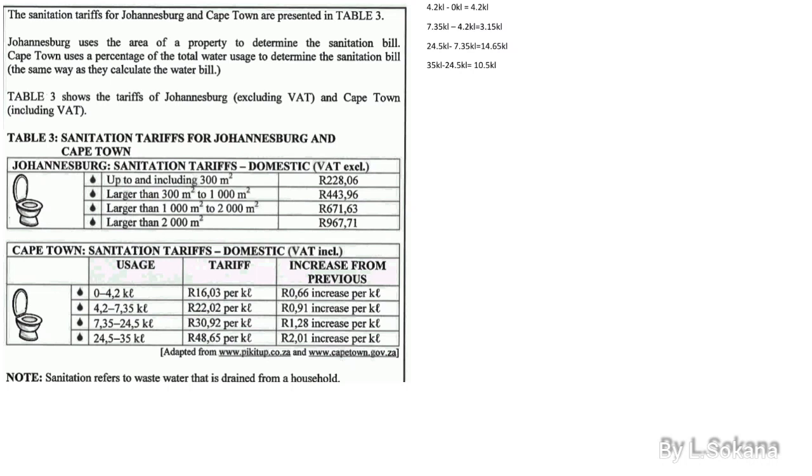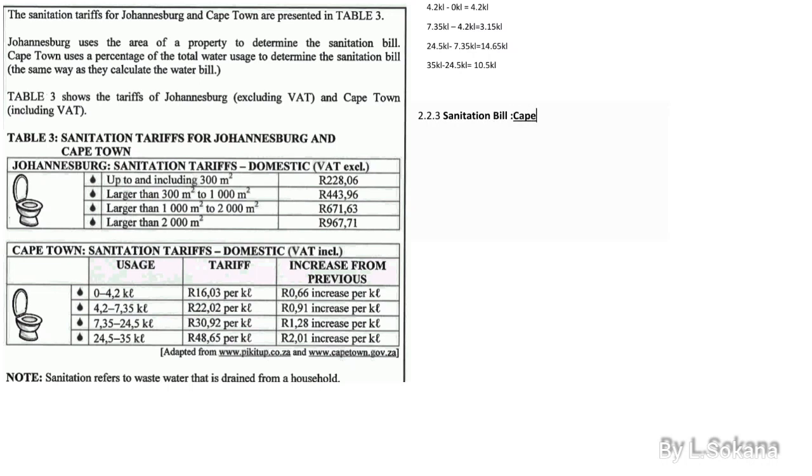We'll subtract 4,2 kiloliters from 7,35 kiloliters. On the third block, we'll subtract 7,35 kiloliters from 24,5 kiloliters. Then we'll subtract 24,5 kiloliters from 35 kiloliters. Then we are done with the differences.